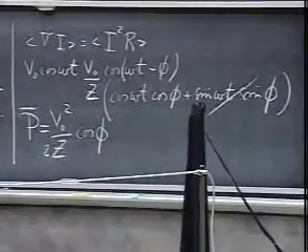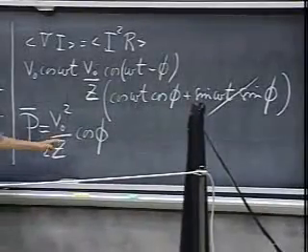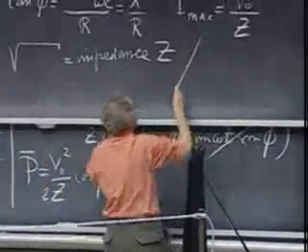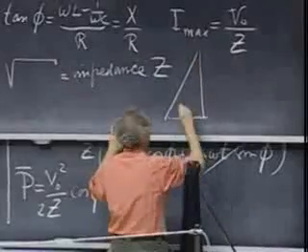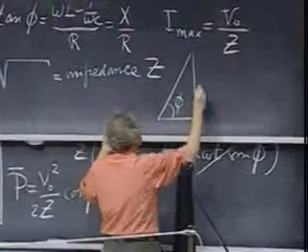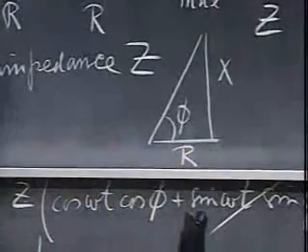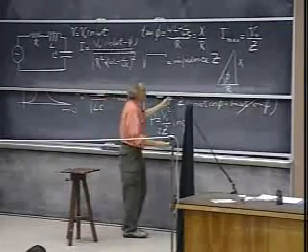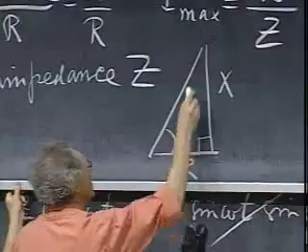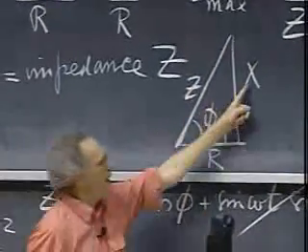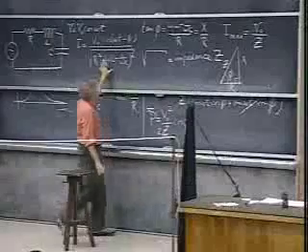If you like to get rid of this cosine phi, you can do that. Because remember, the way that phi is defined, the tangent of phi is the reactance divided by R. You still see it there. So that means if this angle is 90 degrees, that this side must be Z. That's the square root of x squared plus R squared. That's this part.